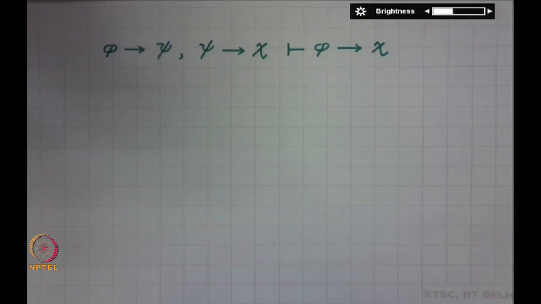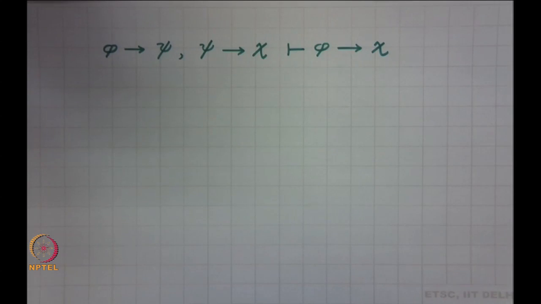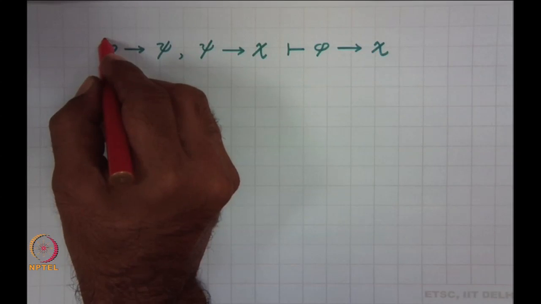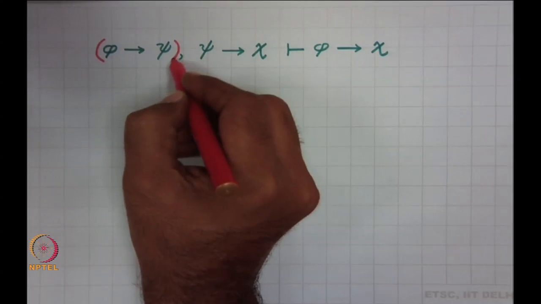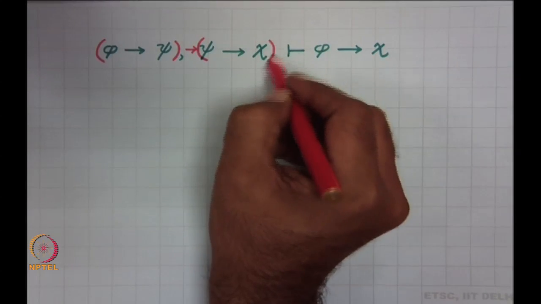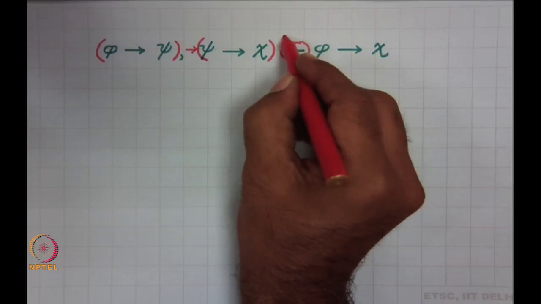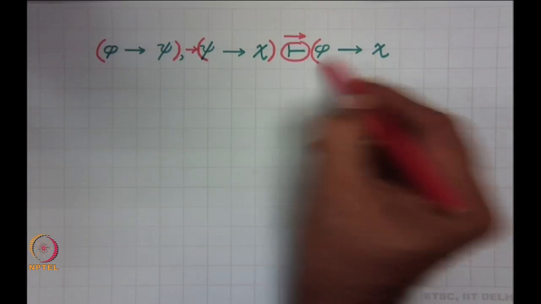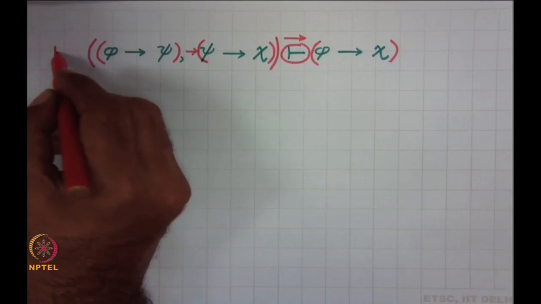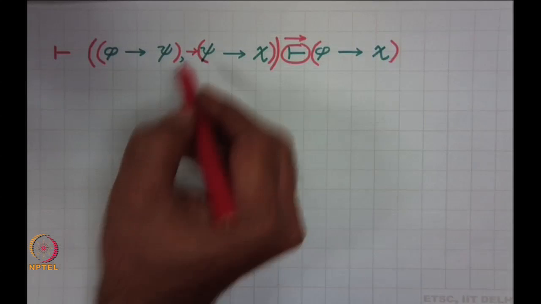And if it had been written as a formal theorem, then one would not have bothered to write these commas. Instead, one would have written it like this.